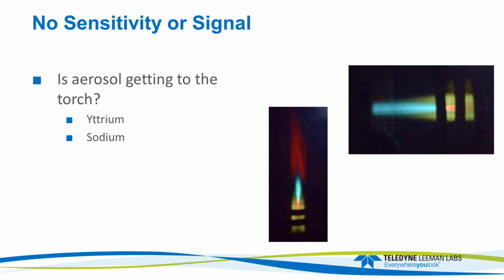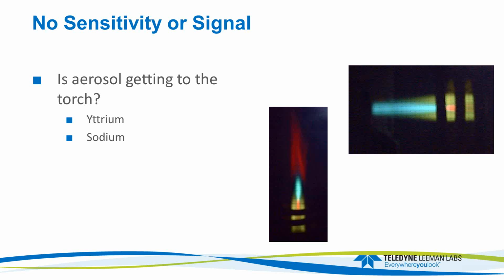Or on the axial, you can see that with the recombination zone clipped off by the air knife. That lets me know I'm getting solution into the torch. If I don't see this yttrium going through there, and I can see I have aerosol, either my torch is plugged, or maybe the nebulizer pressure isn't high enough to get it in there. So that's a very quick test.